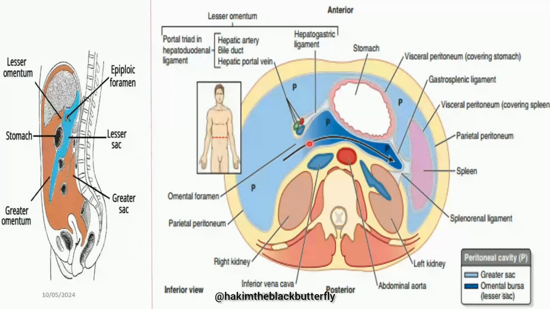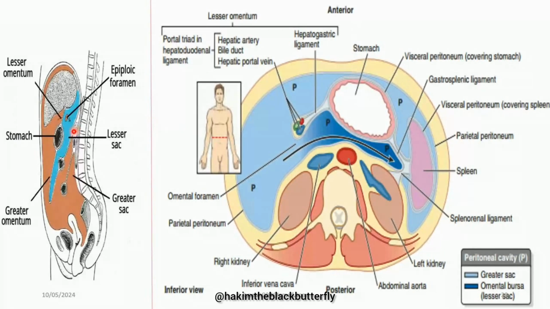Remember, these are just compartments of the peritoneal cavity. They just contain fluid. The fluid within the omental bursa can increase. Let's say if a patient has a perforated gastric ulcer, or if a patient has chronic pancreatitis.